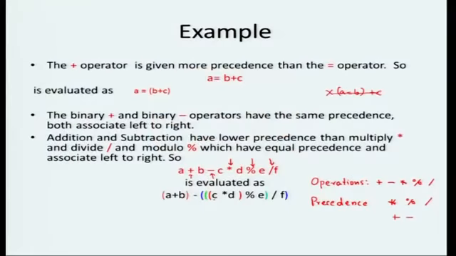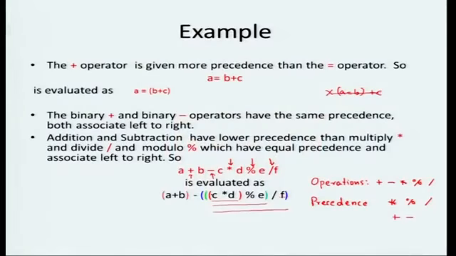Therefore, according to the associativity rule, I will do C star D first, then that modulo E, and then that divided by F, because that is what the left to right associativity says. So, by precedence we will know that these three operations have to be done first. Among them, star occurs first when you scan from left to right. So, C star D has to be done first, and then the modulo operation, and then the divide operation.